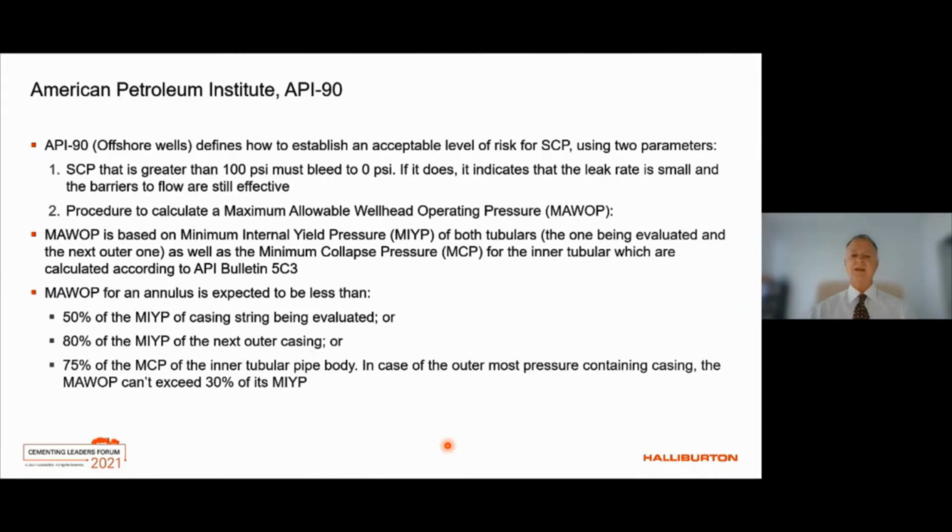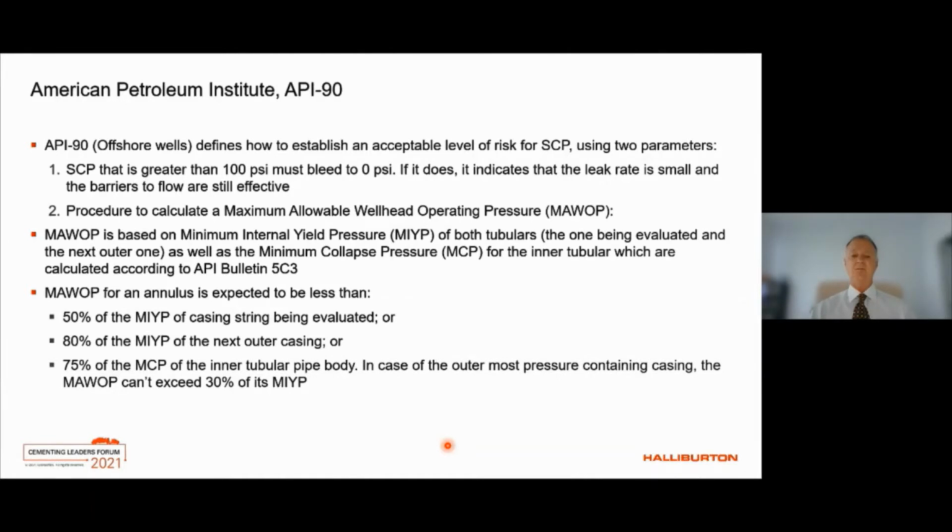The second is a procedure to calculate the maximum allowable wellhead operating pressure, or MAWOP. The maximum allowable wellhead operating pressure is based on the minimum internal yield pressure, the MIYP, of the one being investigated and the next outer one, as well as the minimum collapse pressure, or MCP, for the inner tubular being investigated.